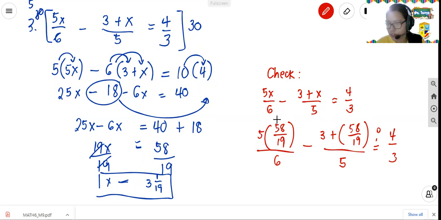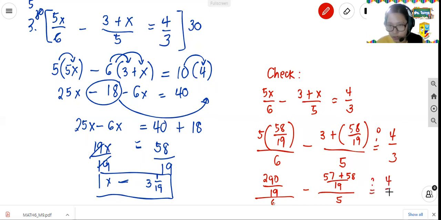Multiplying 5 to 58. So 5 times 58 is 290 over 19 over 6, minus 3 and 58 over 19. So the LCD is 19 here. 19 times 3 is 57 plus 58 all over 5. Is it equal to 4 over 3?